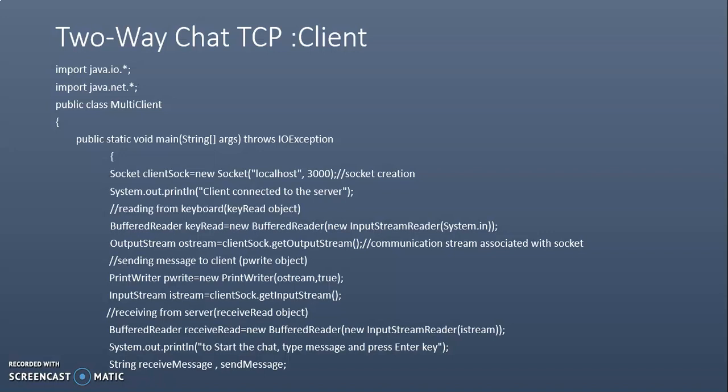And now we have the client program. In the client program we are creating an instance of socket, where we are associating the local host, the IP address of this machine, and the port number.